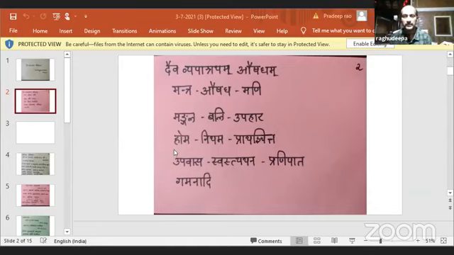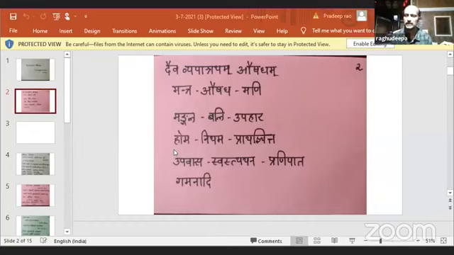Otherwise, for every patient, you cannot give the precious stones in the form of Navaratna as prescribed in astrology, because the original is very expensive, and sometimes a patient may not be able to afford it. So instead you can use other stones which we call uparatnas.